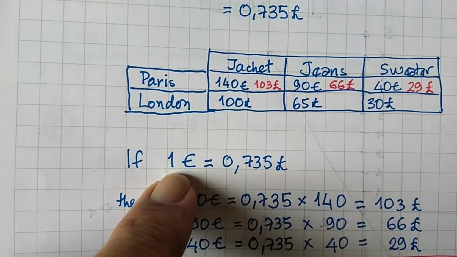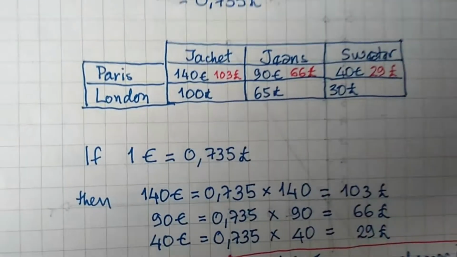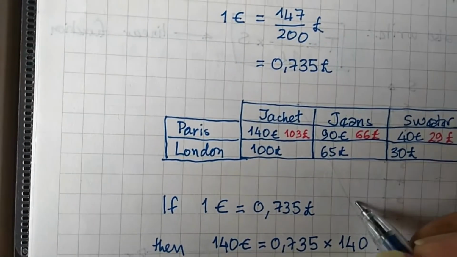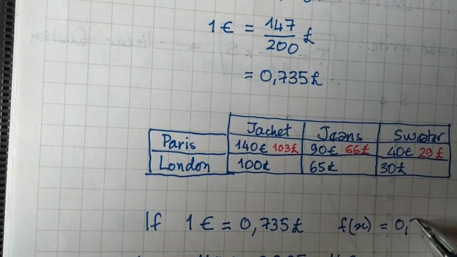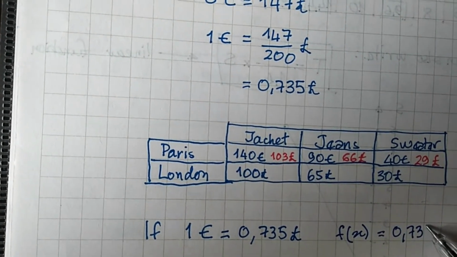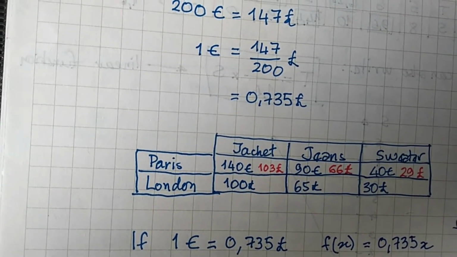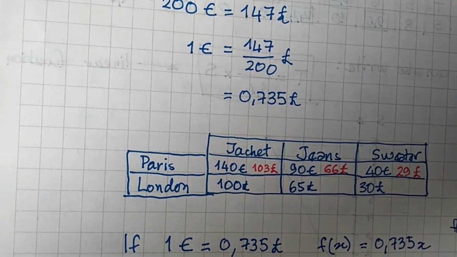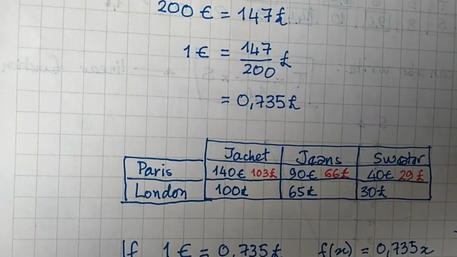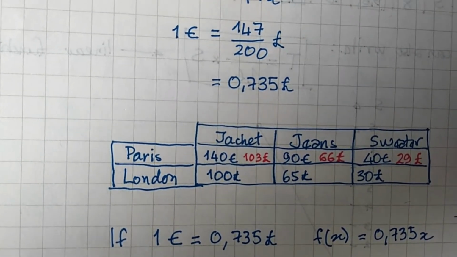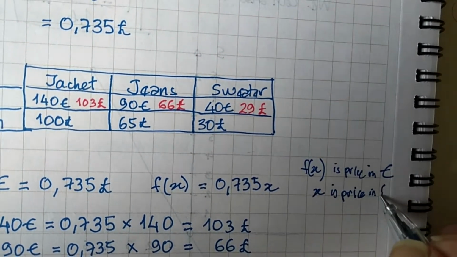Okay. So we use this conversion factor or this linear function. If x is the price, if you want me to write it as a function, though it should not be necessary, f(x) = 0.735x, where f(x) is the price in euros and x is the price in pounds.